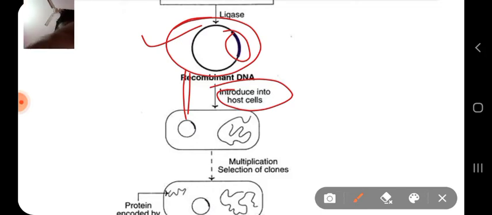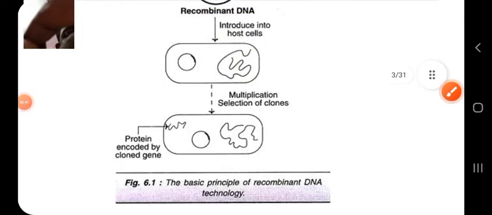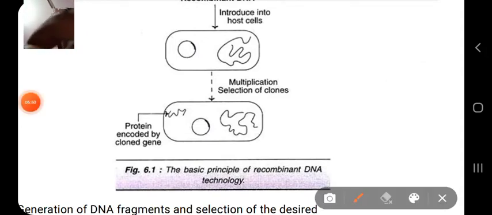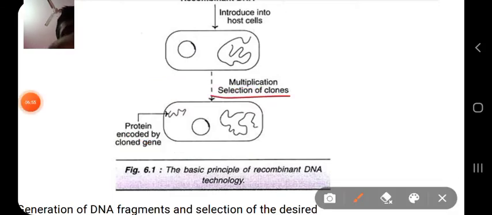So we introduce them into the host cells, and after that multiplication of the host cell occurs, and then selection of the clones will be done. Selection of the clones can be done in various ways, such as the plasmid may carry an antibiotic resistance gene or some other property which will emit light, for example the green fluorescent protein, which is normally introduced into the plasmid for proper selection.